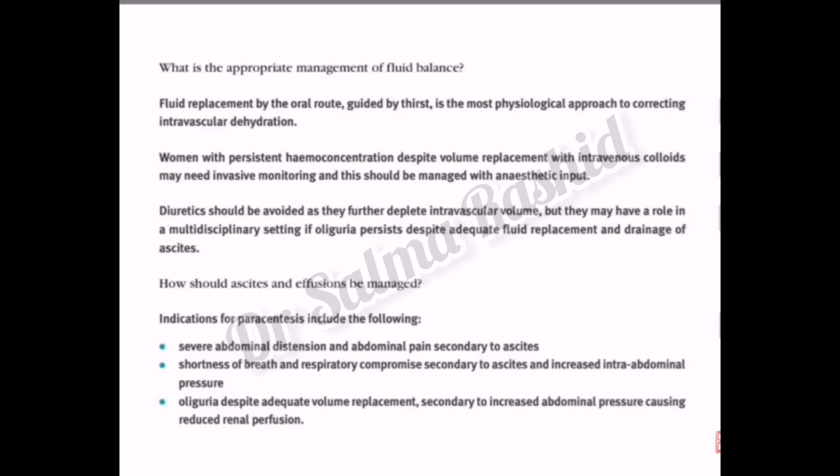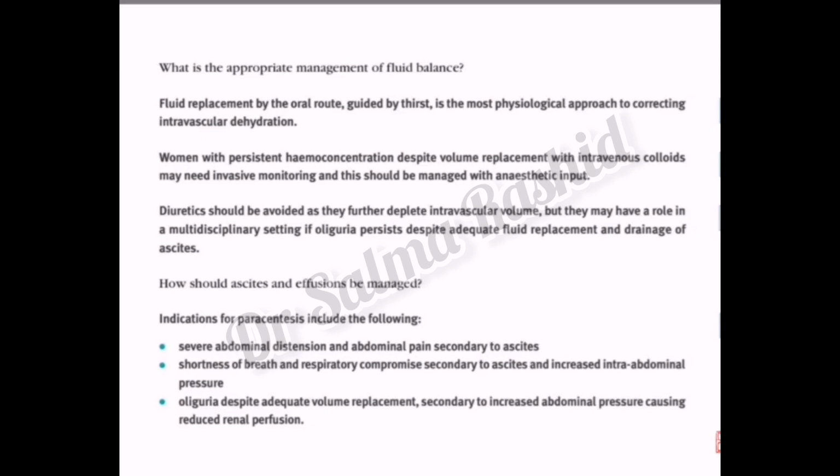How should ascites and effusion be managed? Indications for paracentesis include the following: severe abdominal distension and abdominal pain secondary to ascites, shortness of breath and respiratory compromise secondary to ascites, and increased intra-abdominal pressure.